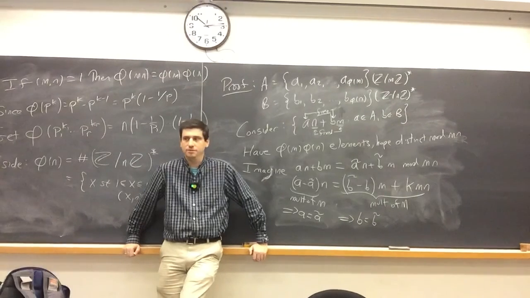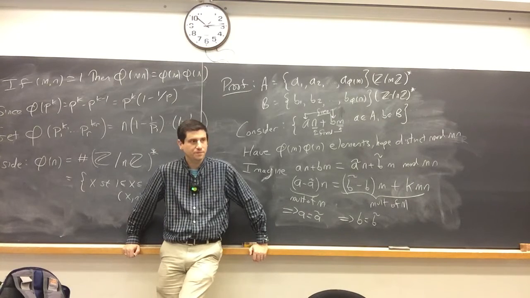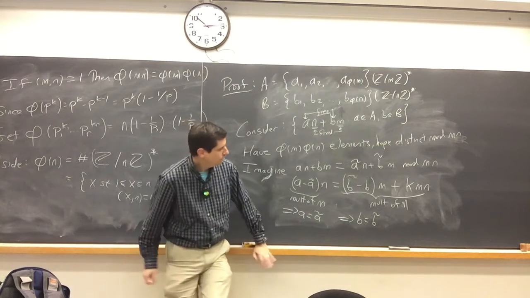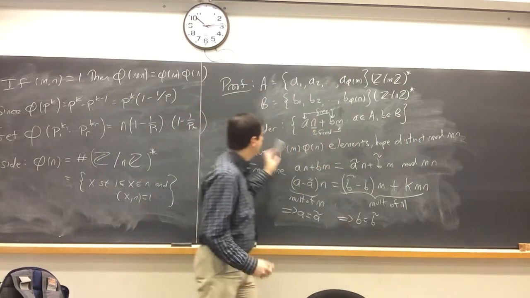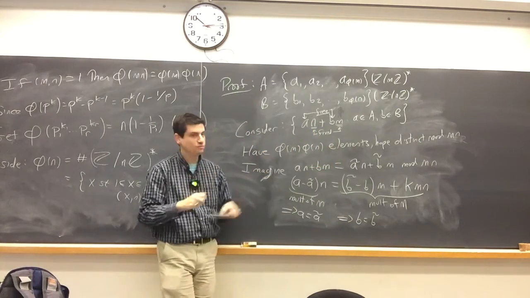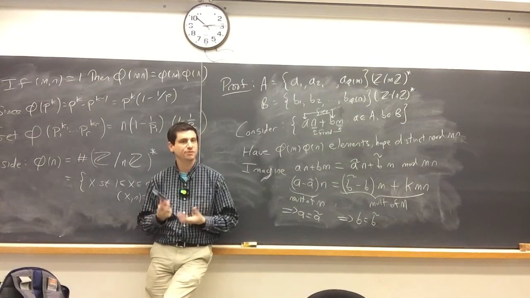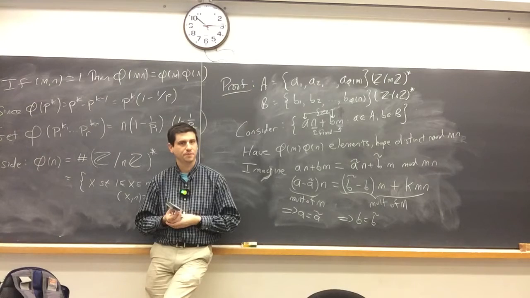So we're halfway there. Okay, any questions on this part? We all good? Okay, so we've shown that this is a set of distinct residue classes. So what's the only thing that could prevent this from being a full proof? If there are more than the ones we counted?